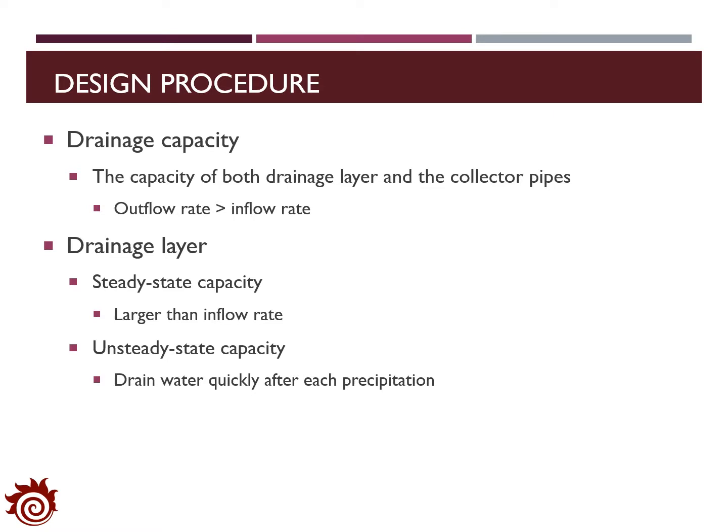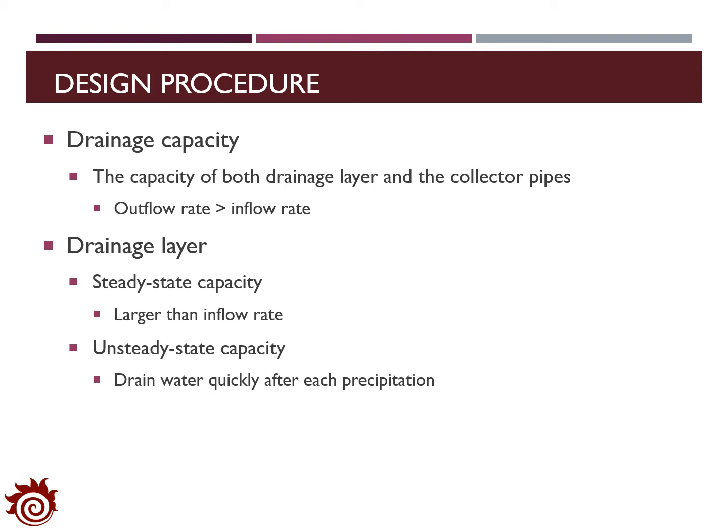Besides the inflow rate to the drainage system, the other thing we need to think about is the drainage capacity. Usually the capacity of one drainage system is the capacity of both drainage layer and the collector pipes. For the design of the drainage system, we want to make sure that the capacity, which is the maximum outflow rate, is higher than the inflow rate to the drainage system. First, for the drainage layer, usually there are two requirements.